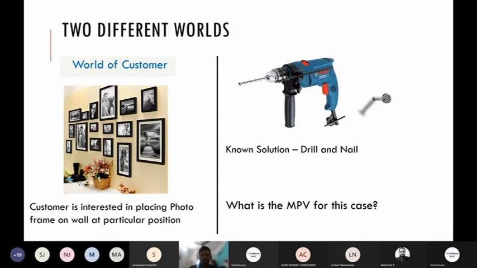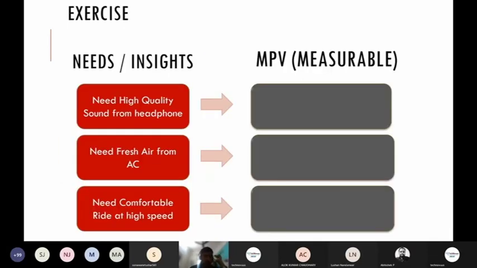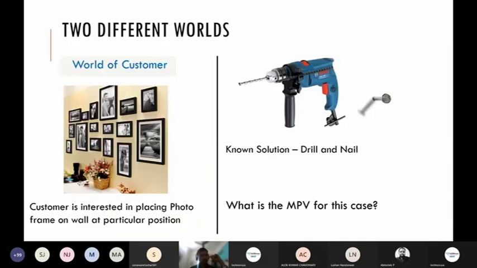Right now we always talk about MPVs, right? If you remember, the left side is the world of customers. This is the world of engineering, right? Now let's take an example, the world of customer, the left side. Now customer is interested in placing a photo frame on a wall at a particular position, right?